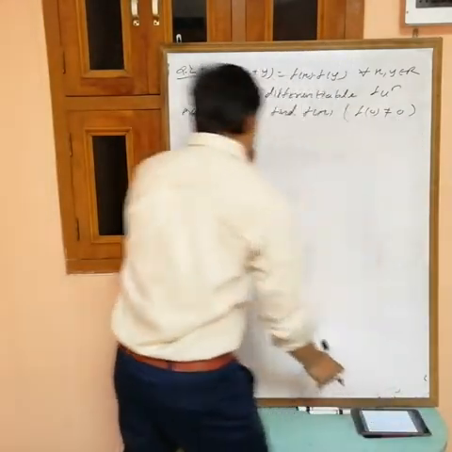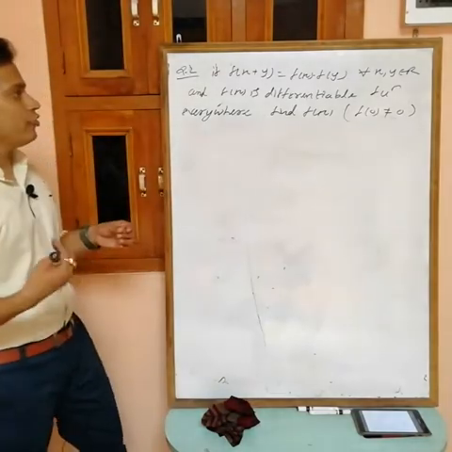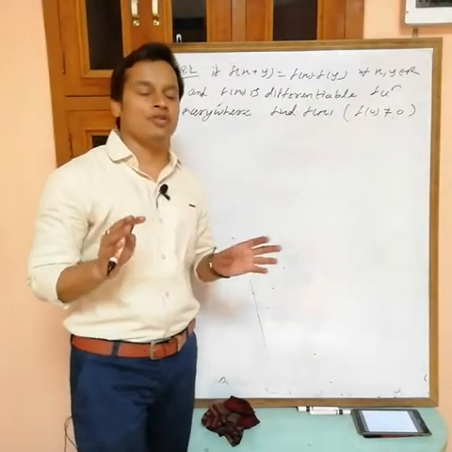Now see, it is given that f(x + y) equals f(x) into f(y) for all x, y belonging to R, f(x) is a differentiable function everywhere and f(0) is not equal to 0.